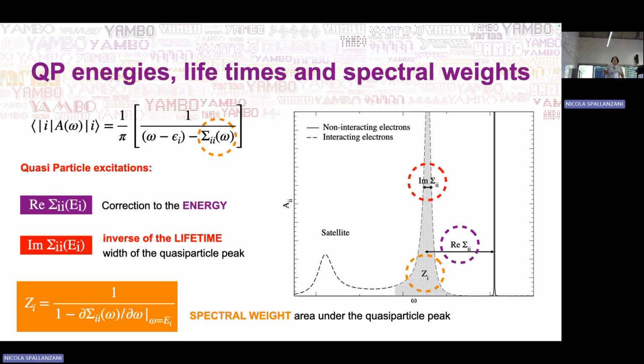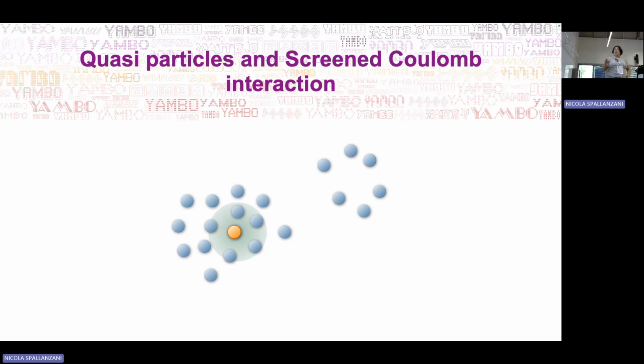It means that if this area is smaller, then we'll have a larger weight of the extra structures, of these satellites. Okay, so we have done this reformulation into quasi-particle energies, into quasi-particles.